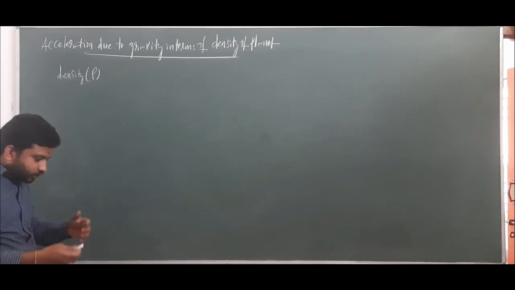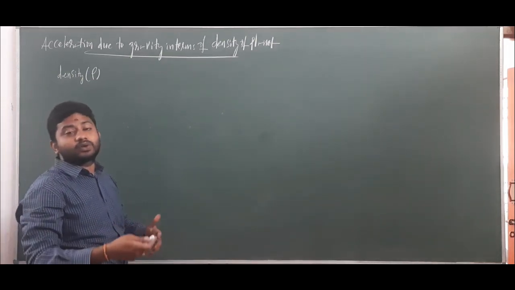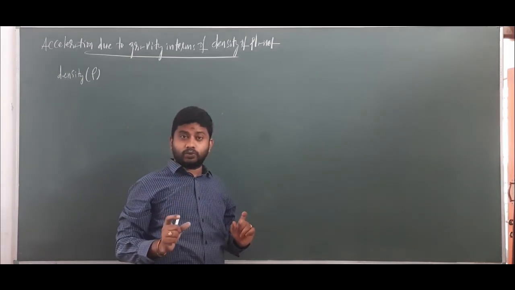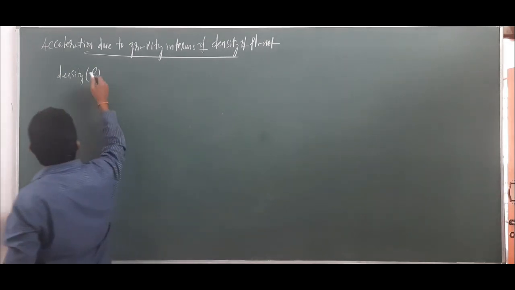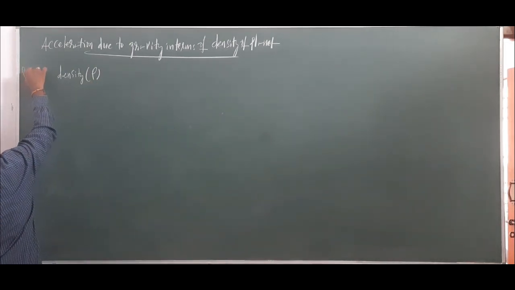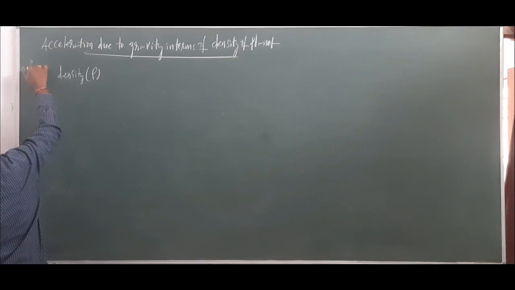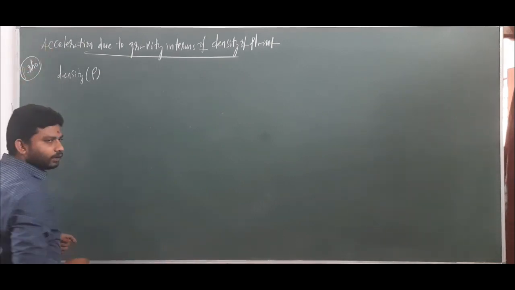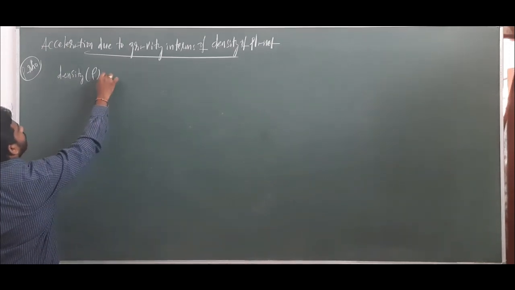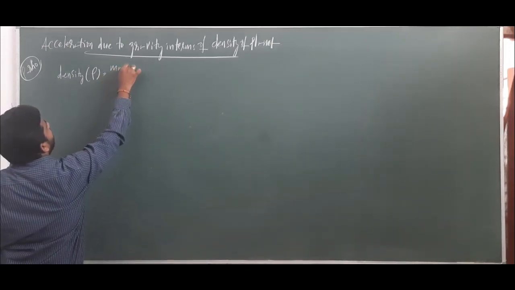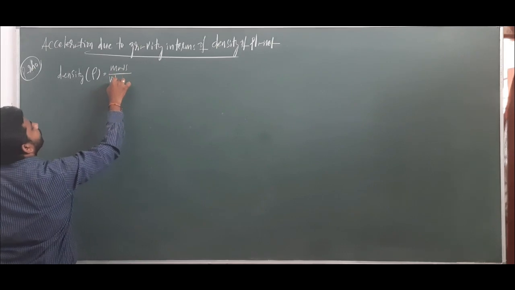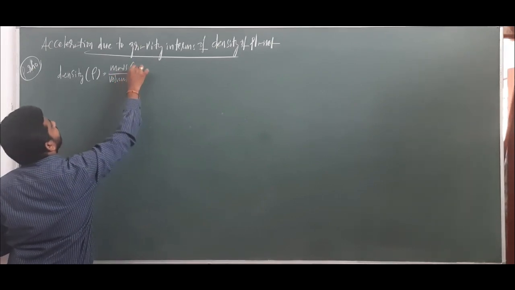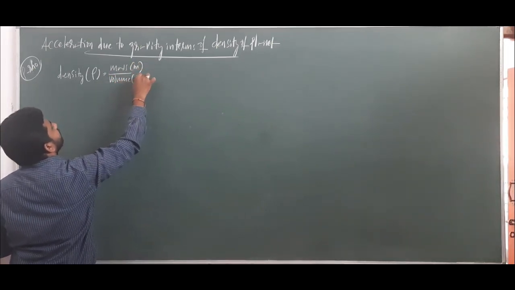For some of the students, it may be a new terminology. Rho, this is the symbol and this is the pronunciation also I am writing here, R-H-O. So, rho. Density is equal to mass by volume.